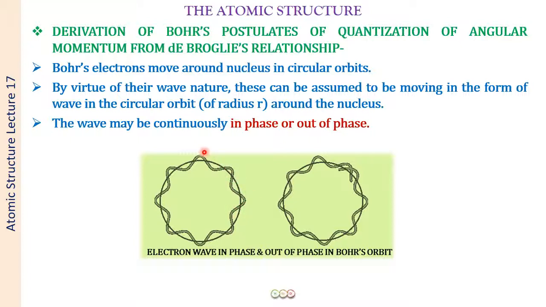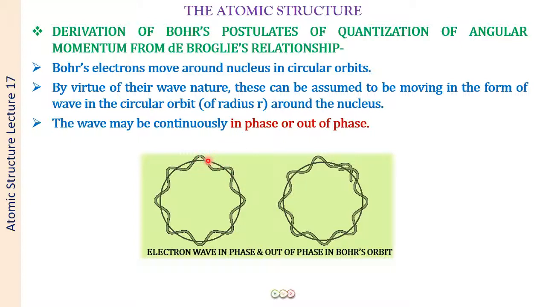This is the wave being formed. Now what we mean by in phase and out of phase is that if an electron, say, starts from this point, it is going to complete one wavelength. This is lambda, right? Then it is going to complete another wavelength, and so on. And this will again come up at this point.